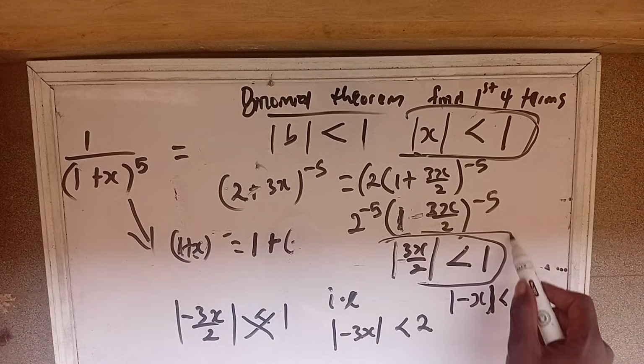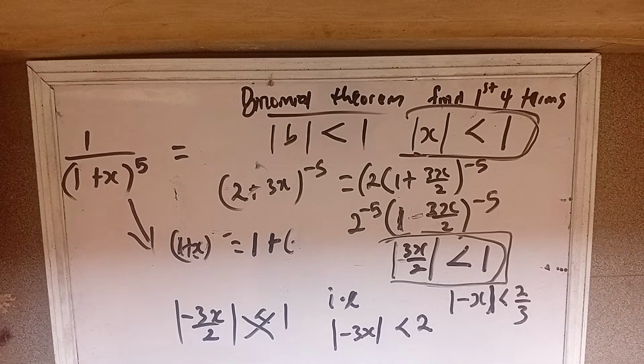This is actually your answer, less than 1. Now this is your answer for range of validity. I'm just saying that it can be transformed into something like this. So take note of that.